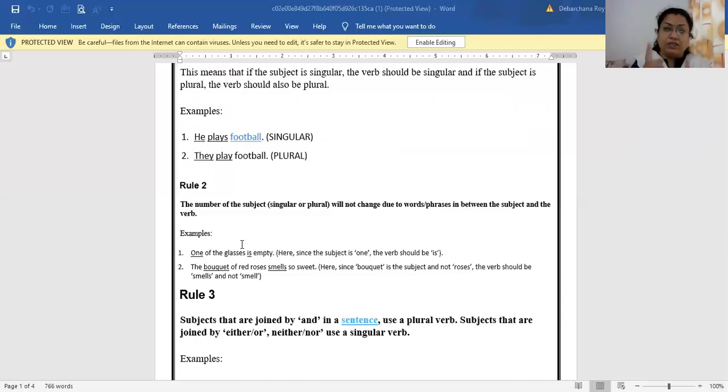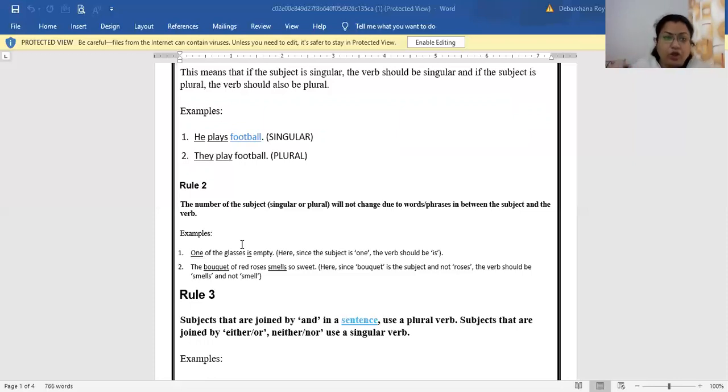One of the glasses, I repeat, one of the glasses is empty. एक ग्लास बहुत ग्लास में से खाली है. Is empty. Okay.